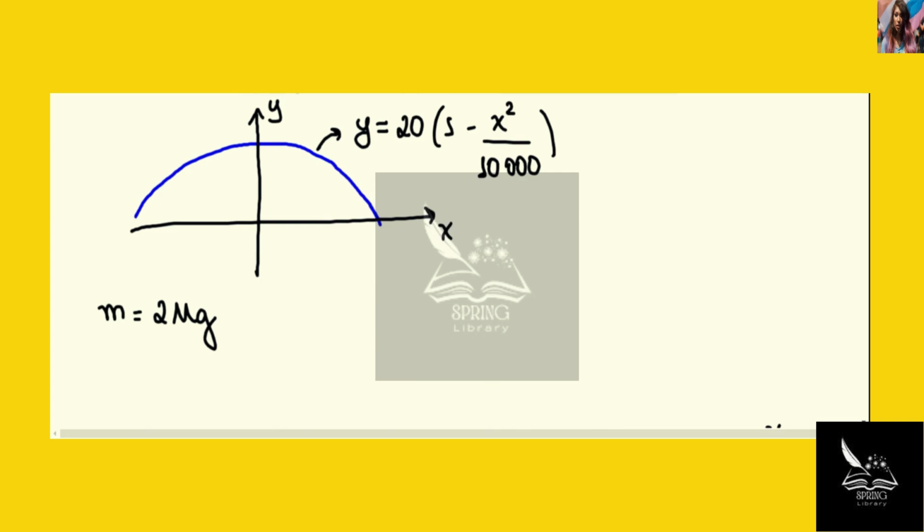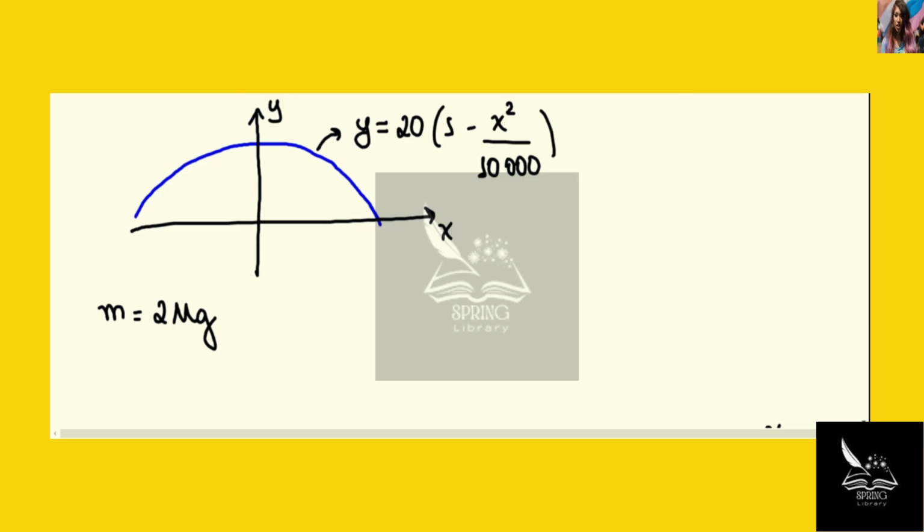So we have a car that has a mass of 2 megagrams and makes a trajectory that's shown here in the picture. y is equal to 20 times 1 minus x squared divided by 10,000.